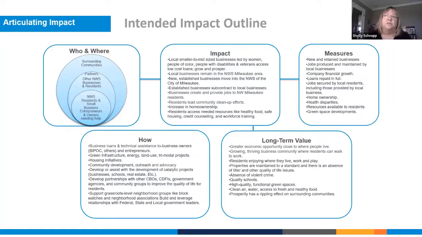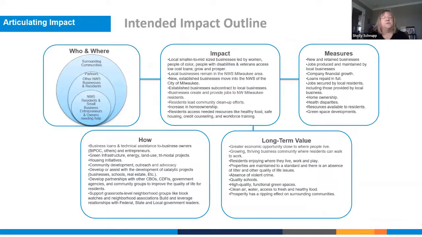So sometimes organizations want to say, well, our beneficiaries are who we serve, it's the broader community. But this who and where portion of this impact outline can help organizations acknowledge that, yes, perhaps the broader community is a beneficiary of the work we do, but there are also those at the very core of what we do who benefit most directly.